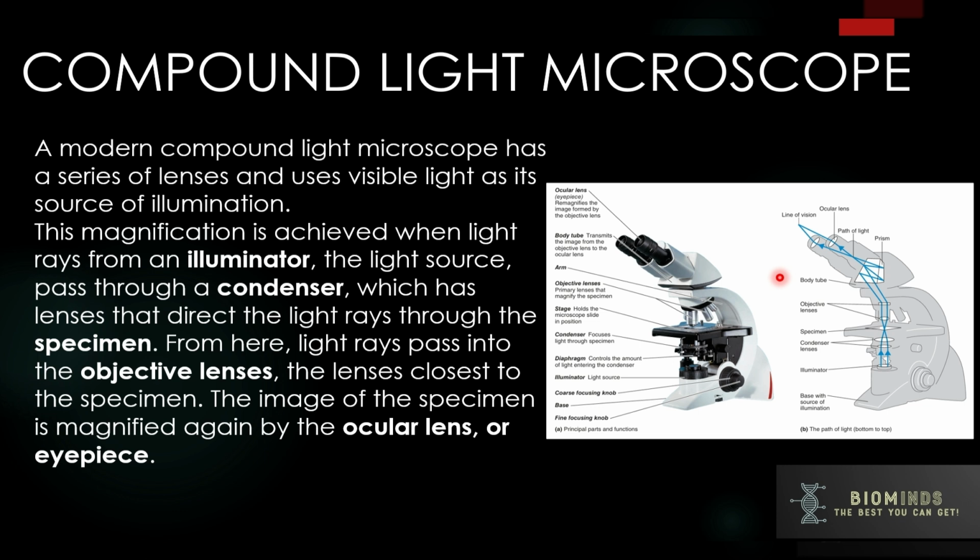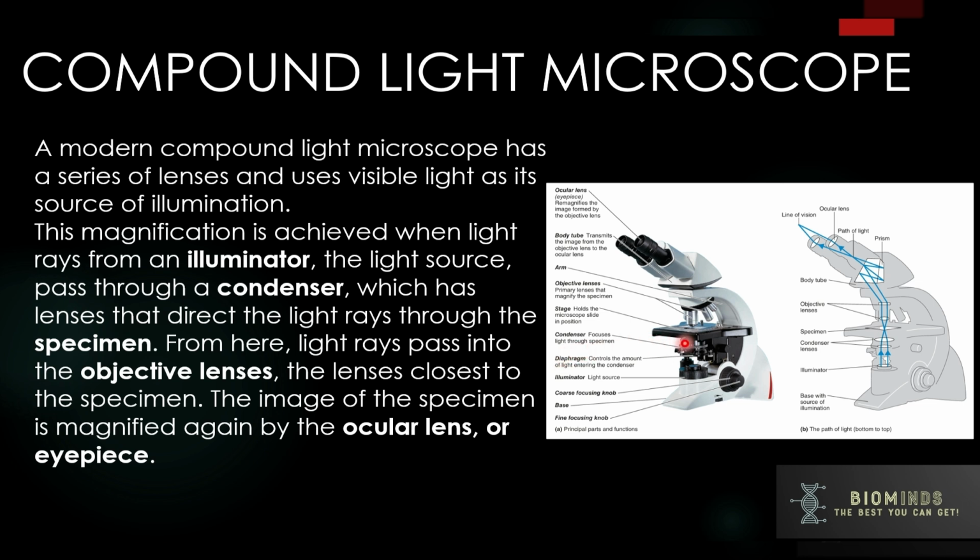This is their diagram. You can see there are certain parts of the microscope. Starting from the light source, here we have the illuminator, which is the light source that illuminates. Next we have the condenser.